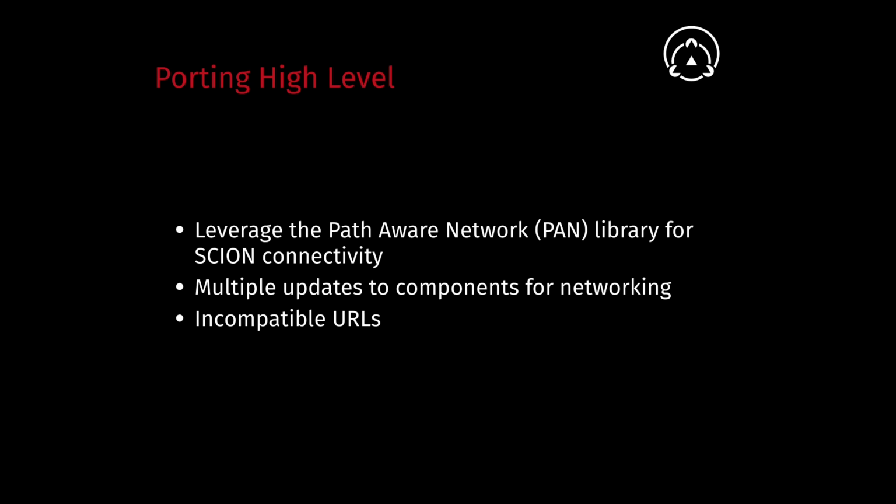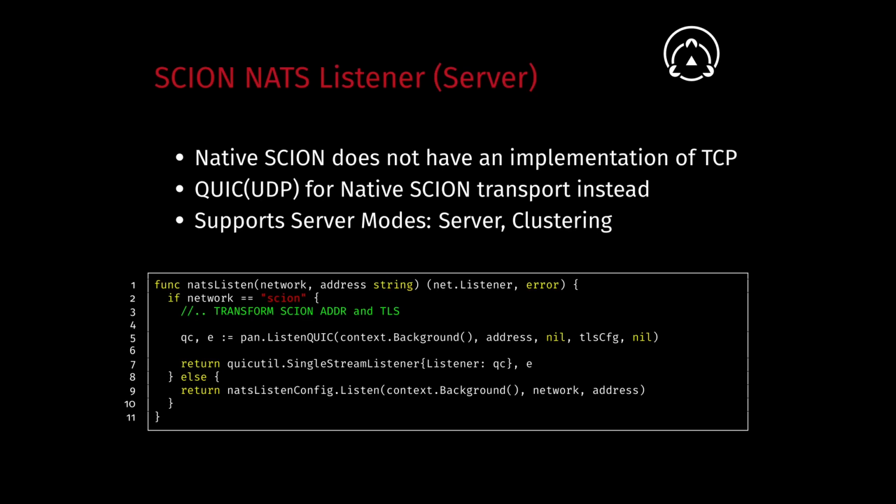And also the fact that the address is not a traditional IP address, so there are probably going to be some incompatibilities with URLs and different addresses that I might be utilizing and passing around the system. So I'm going to have to factor that in. So we'll start with the SCION NATS listener, which is the server side of things.